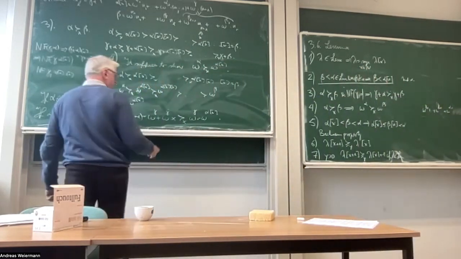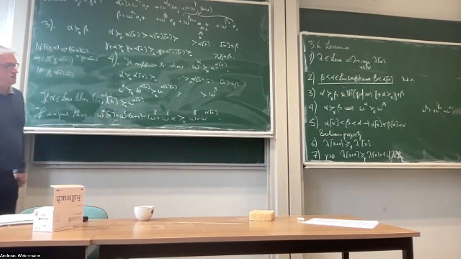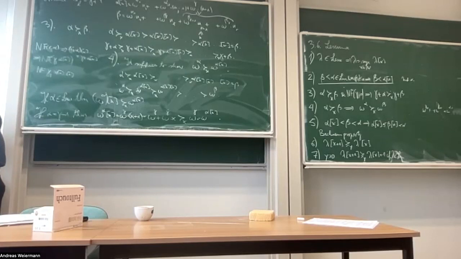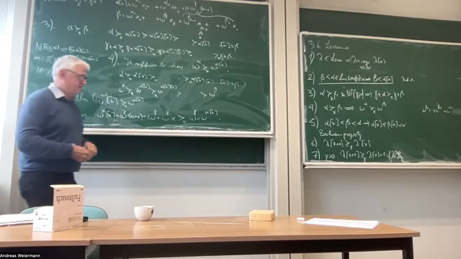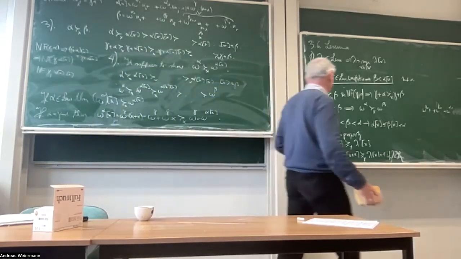Because you have to count how many steps are needed to kill this non-zero term. At some moment you hit 0, but you don't know how much time it needs. And this can take very long.